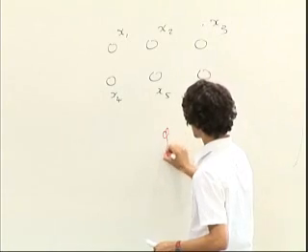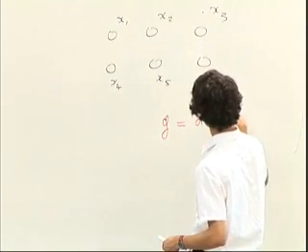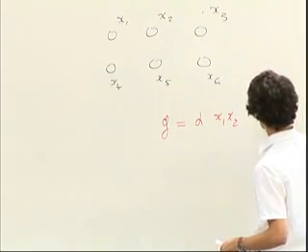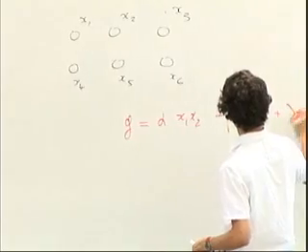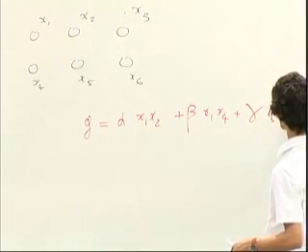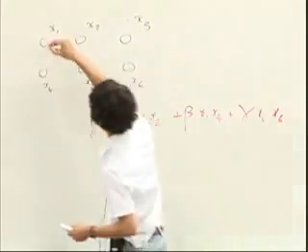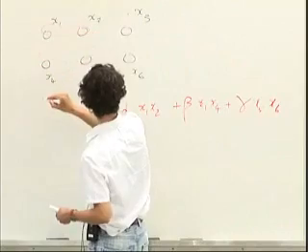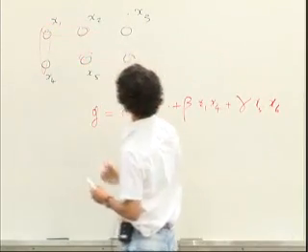Once projected, we have some coefficient alpha times x1 x2, plus beta times x1 x4, plus gamma times x5 x6. So basically, we have this frequency here, this frequency here, and this one.